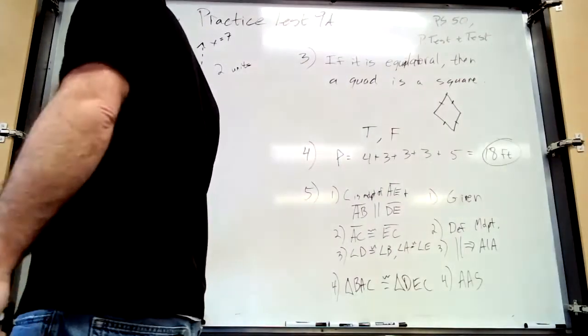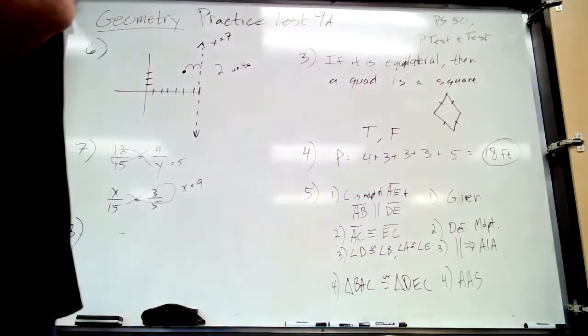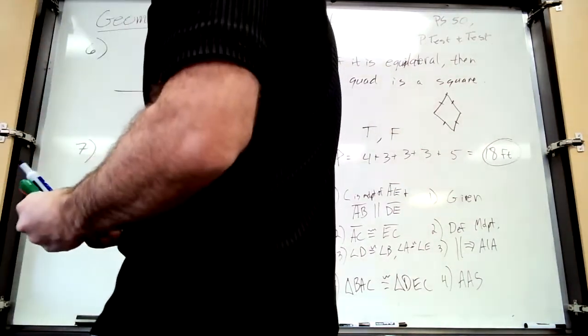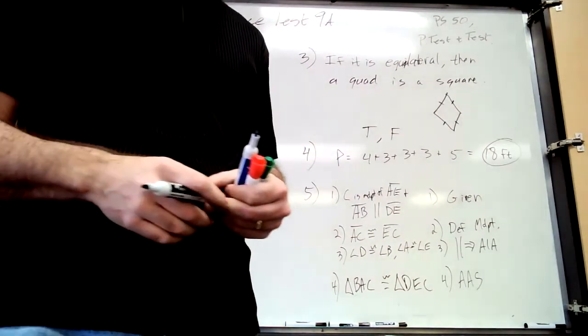Number 8. Consider the triangle. Write a proportion to show that AB is to DE as BC is to EF. So just plug in the numbers.